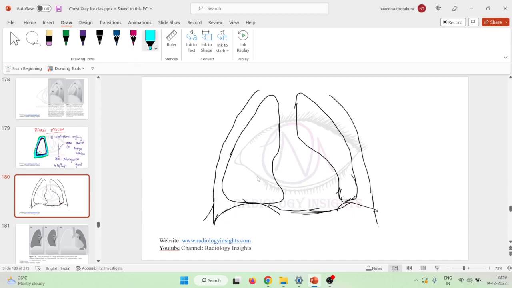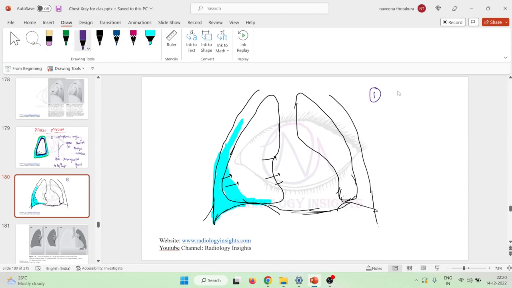If there is fluid in the pleural space, number one, this fluid will be something which is not normally present. This fluid will push the lung, first towards the opposite side. So this will exert pressure and even the heart may also be pushed towards the normal side.